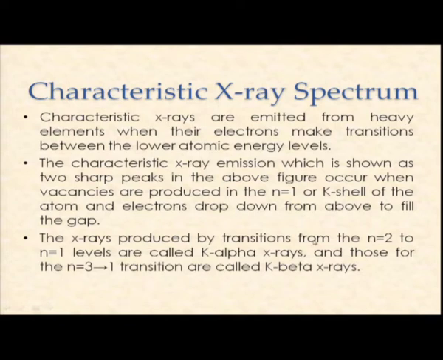The X-rays produced by the transition from n equals 2, that is the L shell, to n equals 1 level are called K alpha X-rays, and those for the n equals 3 to 1 transition are called K beta rays.